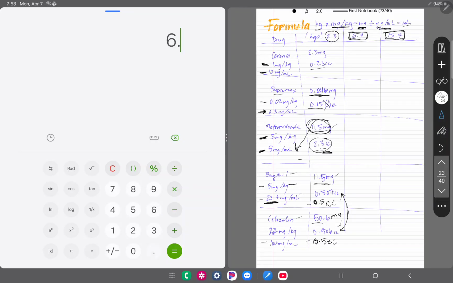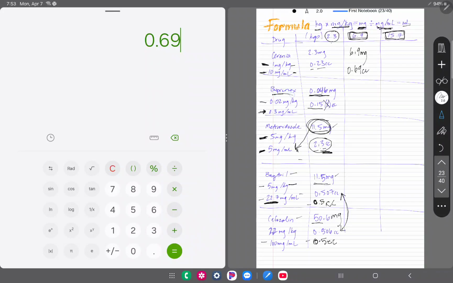If I take 6.9 times my dose of Serenia, or my mg per kg, that's 1, and the answer is 6.9 mgs. If I divide that by mg per mil, or concentration, which is 10, I get 0.69 cc's.